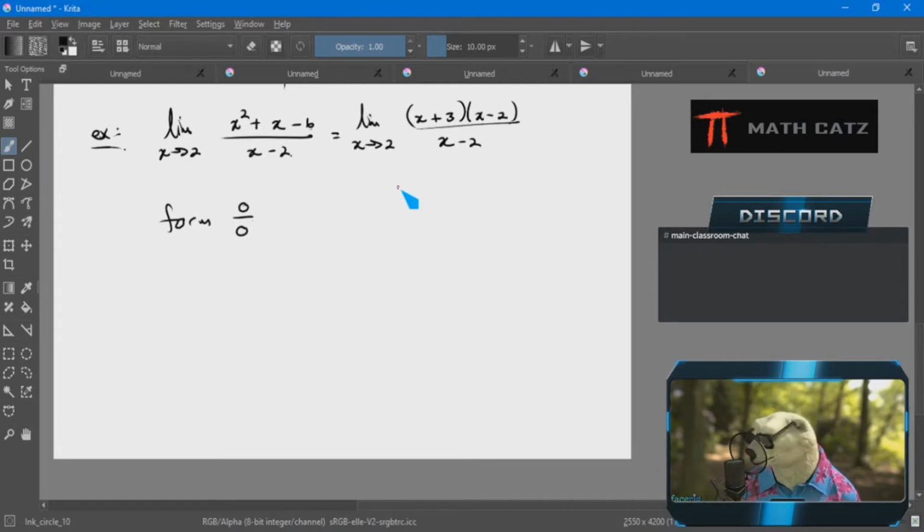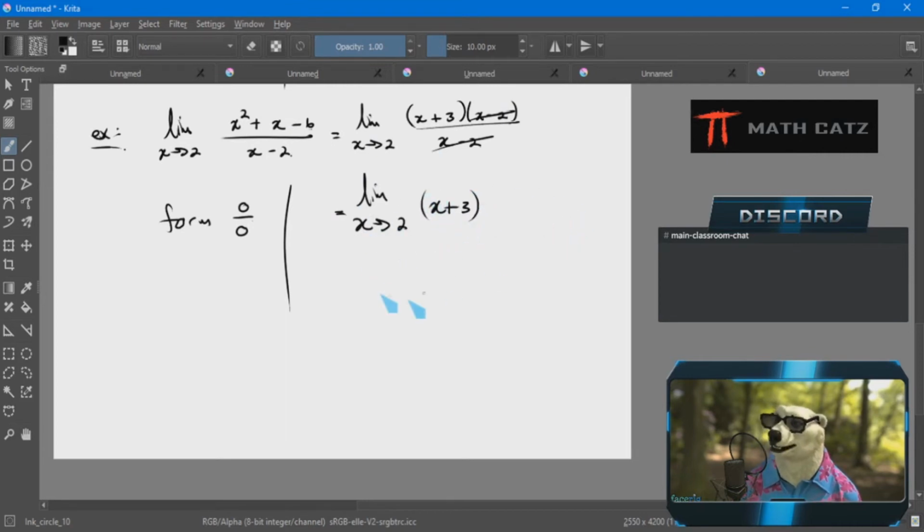So let's just wait for those. So now I see. Ooh, yay! I can cancel the x minus 2's, and the x minus 2's were the problem. Well, there was only one in the bottom. So the behavior of this original function is the same as the behavior of x plus 3, which doesn't have any problem. It's a polynomial.